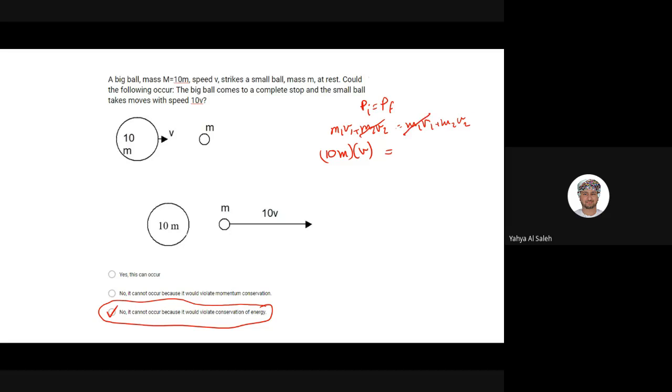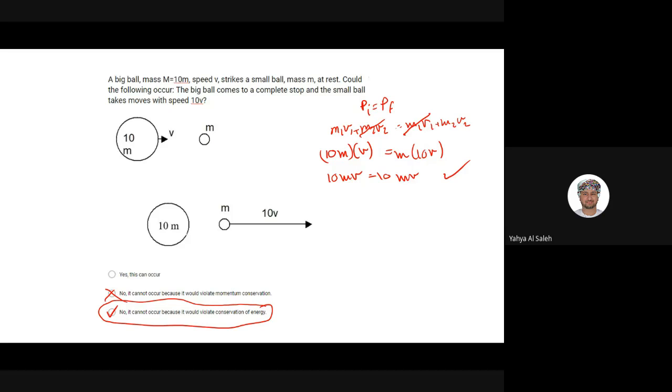Now this goes to 0, and we will have m times 10v. So we have 10 mv equals 10 mv. So this is good. Conservation of momentum is done. So it cannot be this one because momentum is conserved.